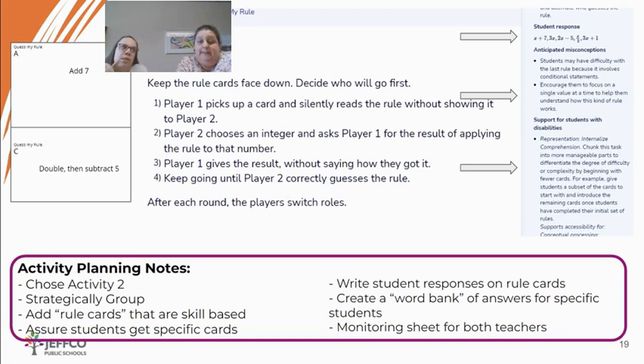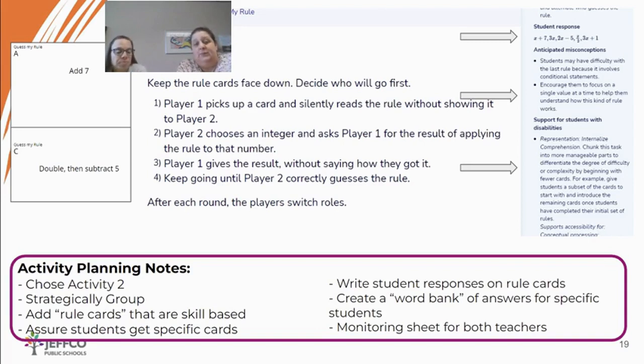So the word bank was something where I thought only specific students would have access to it, because given we're focusing on inputs and outputs of functions, and the word bank would explicitly list either the input or the output of the function, that would then be lowering the rigor of the grade level standard for students. And so if all students had access to it, only specific students that Karina and I would discuss based on her caseload and who's in my class would have access to that as needed.